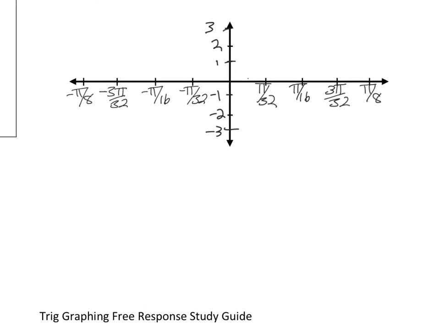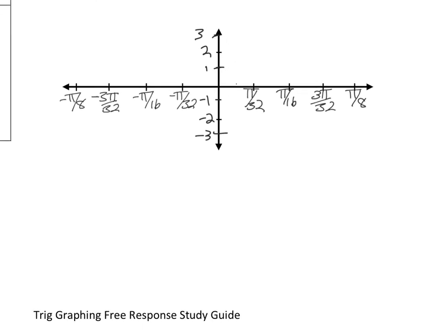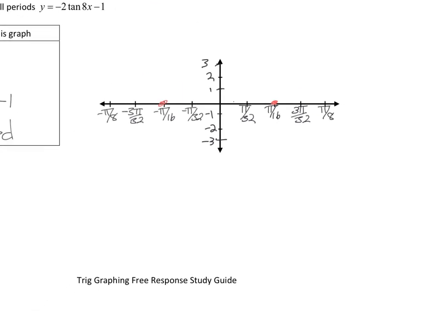Okay, so that when I drop, I'm not going to drop too far. All right, now I plot where my asymptotes are supposed to go. No horizontal shift, so they don't change. So that means I can draw in my asymptotes. Okay.